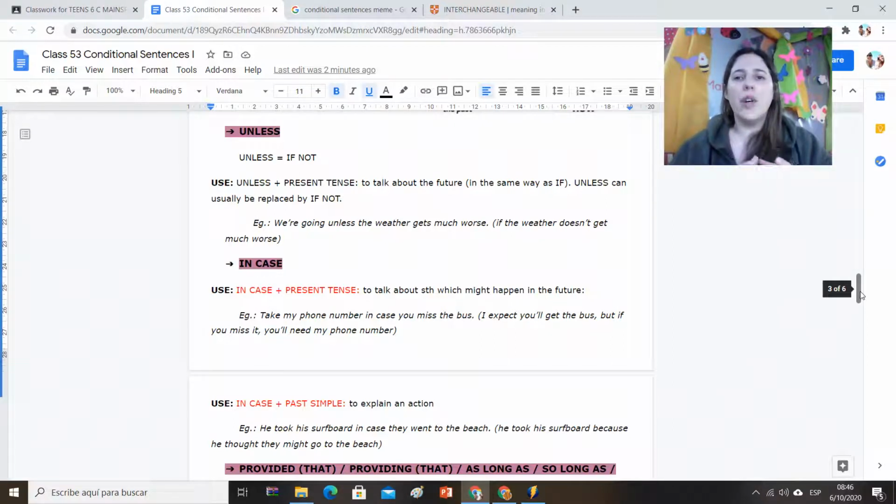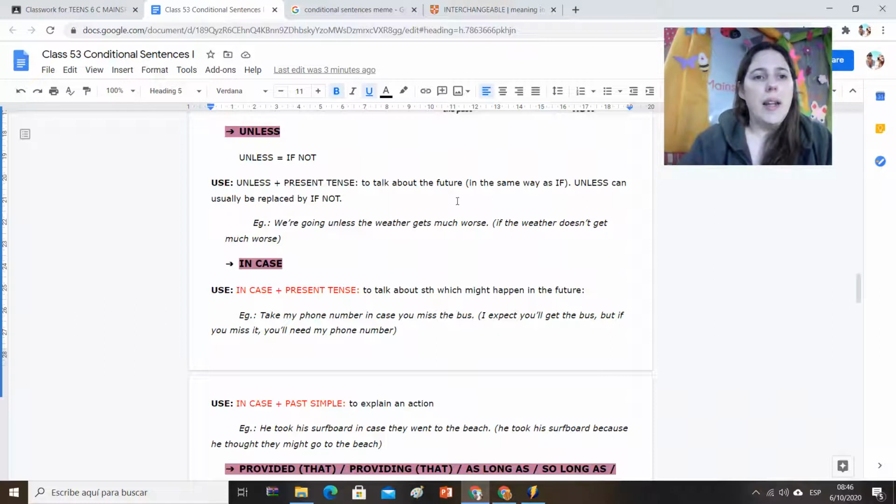So the verb that follows unless has to be in the affirmative positive form. Okay, never in the negative form. So unless, as the present tense, is used to talk about the future in the same way as if. Unless can usually be replaced by if not.